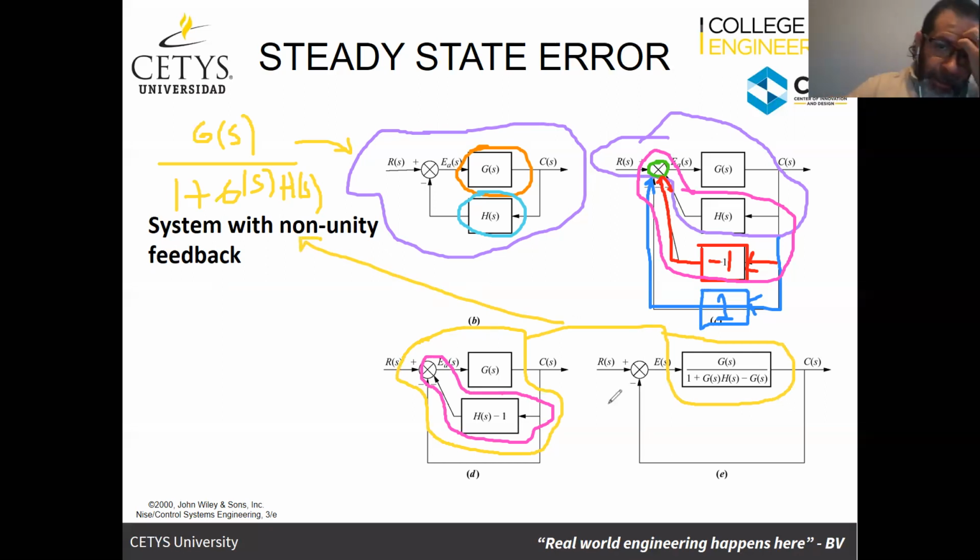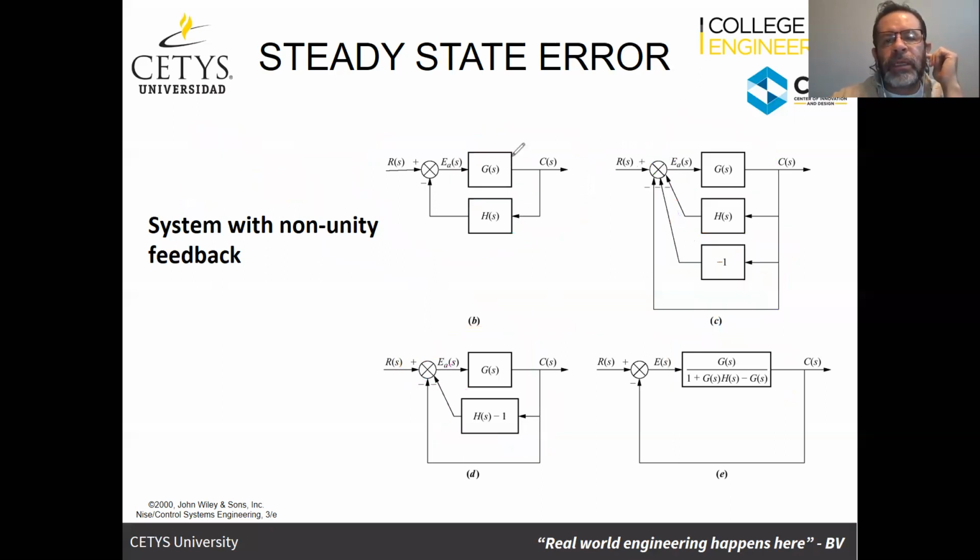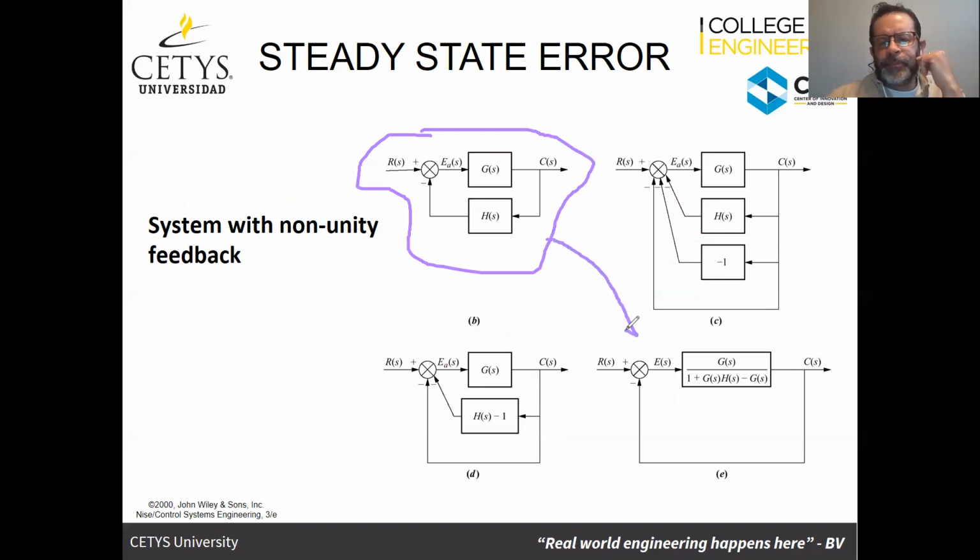So basically what we've done in this explanation is that we've converted this, the feedback system that had a feedback loop transfer function, into this, which is the equivalent system.